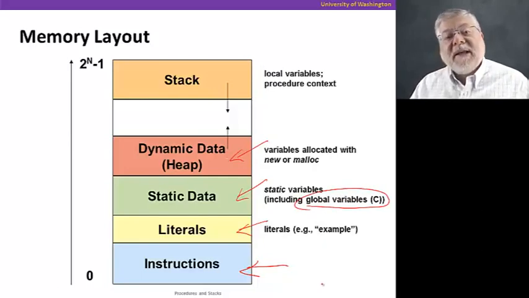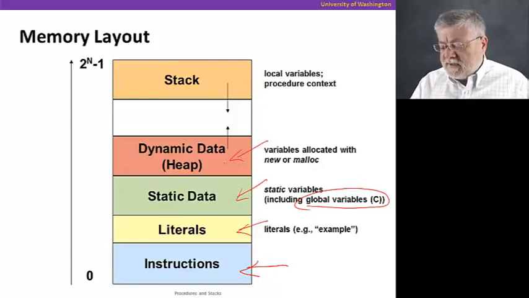We have a dynamic data area, also often referred to as the heap. And the heap holds data that we create just for a place to store some values temporarily while we might be in the middle of a procedure or in a phase of our program. But we'll probably reclaim this memory later because we won't need it for very long during the execution of our program.